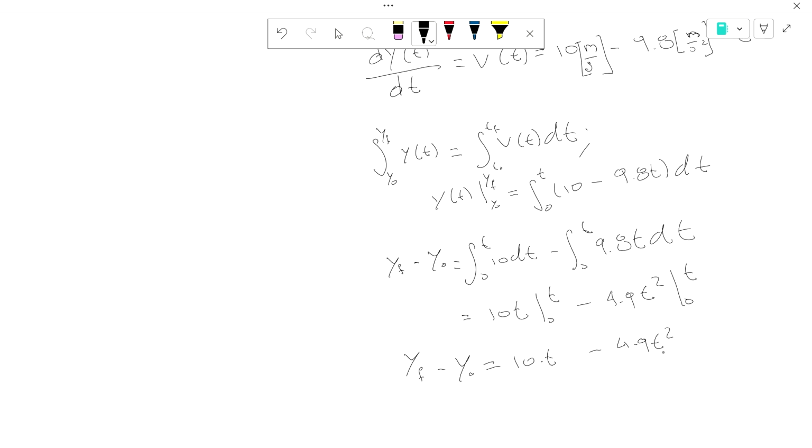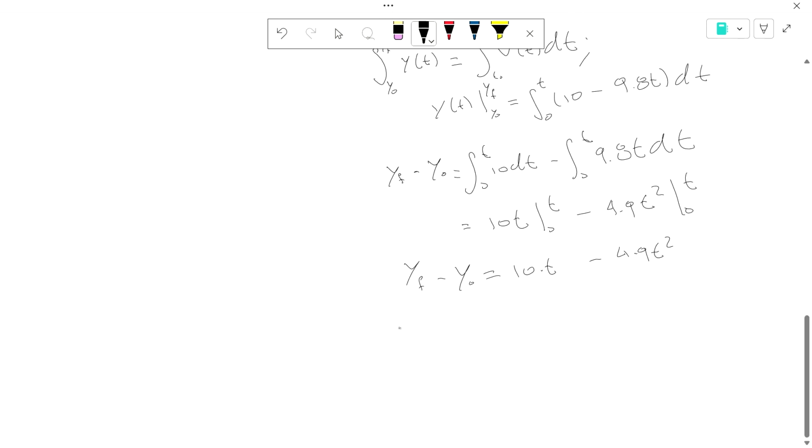Okay, so we're getting closer to the answer. So y final as a function of t is equal to 10t minus 4.9 t squared plus y initial.